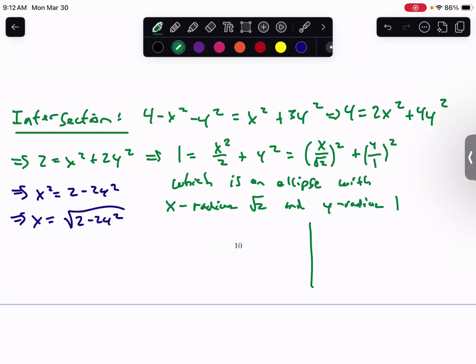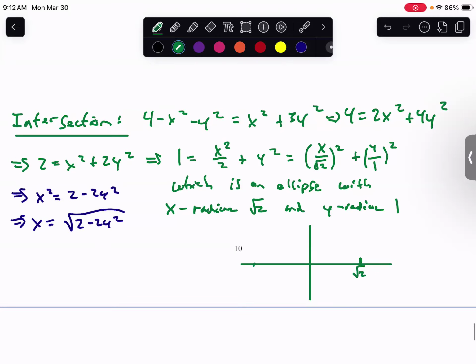Maybe it'll be better if I draw a picture rather than putting it into words. So we go over the square root of 2 units with respect to x, and then minus the square root of 2 on the other side of x. And then you have 1 and then minus 1 for y. That's what I mean by x radius square root of 2, y radius 1.